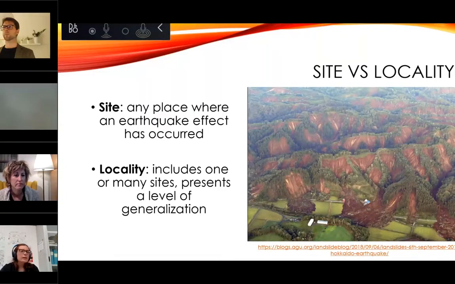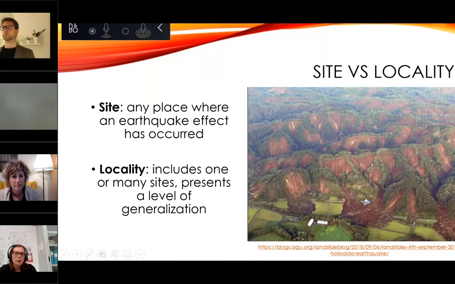And the locality instead is, let's say, a generalization, so it may include one or more sites. For instance, I put here to the right a helicopter picture of landslides triggered by the Hokkaido, Japan event in 2018.